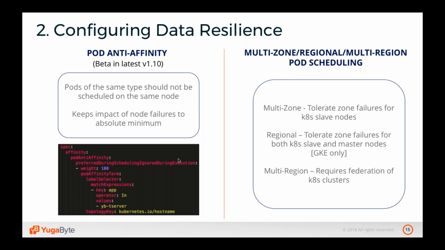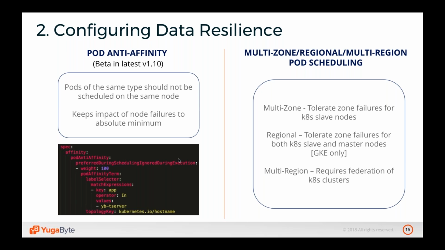So with anti-affinity, you'll be able to specify a rule to the Kubernetes scheduler, which says, don't put two of my pods on the same machine. And this means that when a node goes down, it does not take multiple pods down, and you are insulated from the failure of a physical machine.